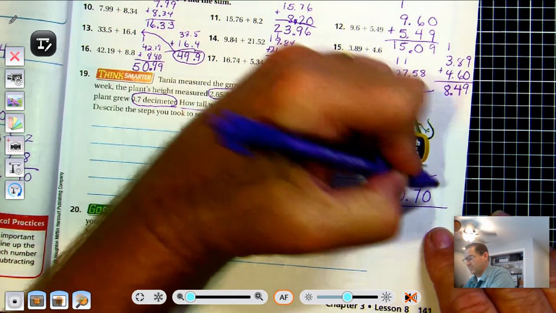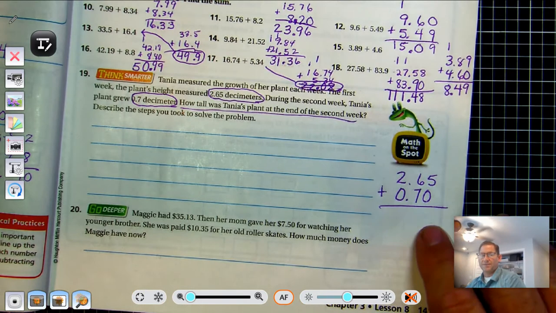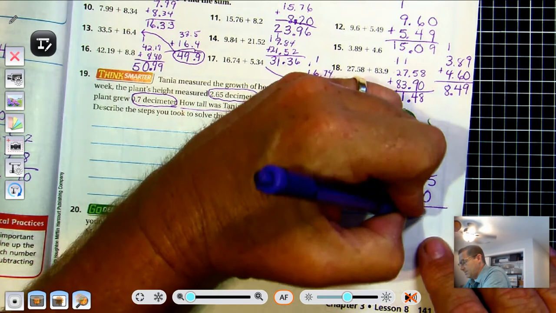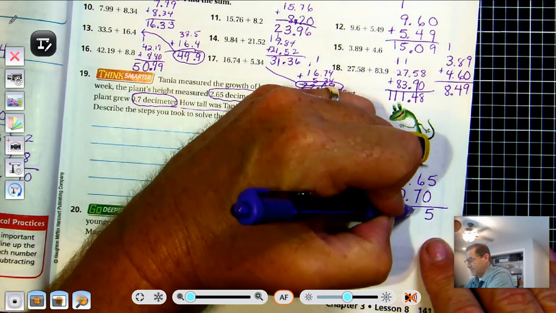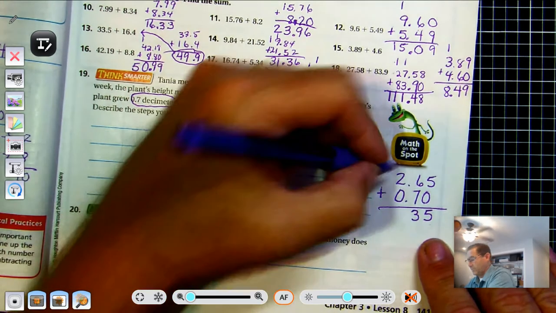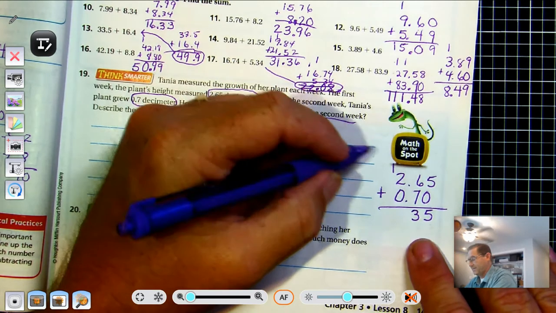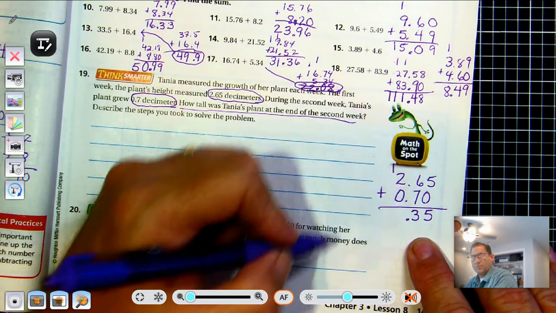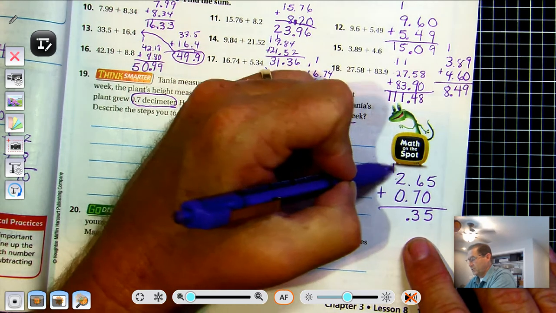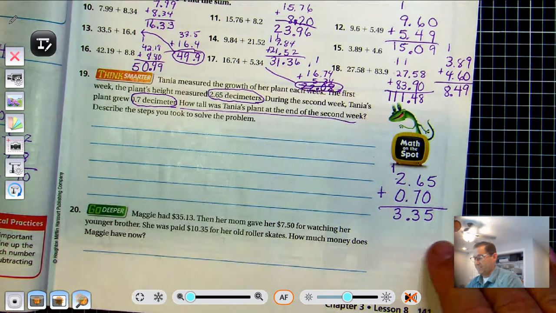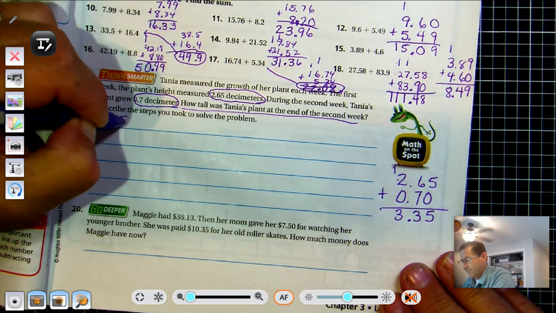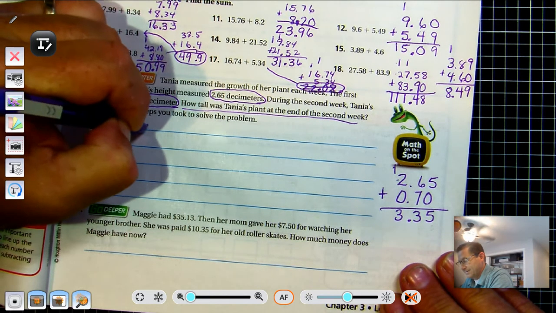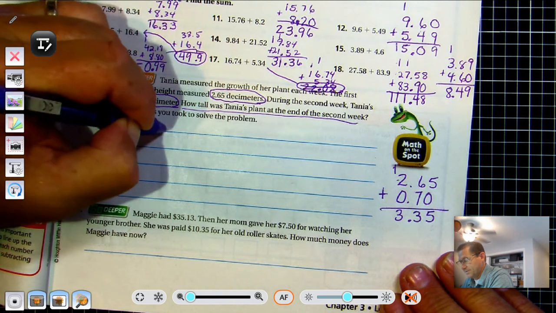I can add a 0 so that they're both in the hundredths place. 5 and 0 hundredths is 5. 6 tenths and 7 tenths is 13 tenths. I'll regroup that as 1 whole and 3 tenths. I'm moving to the ones, so I'm going to place the decimal. And 2 plus 1 is 3. So her plant is 3 and 35 hundredths decimeters.